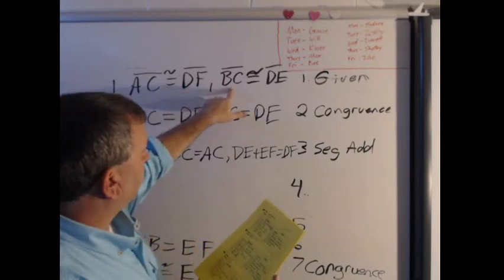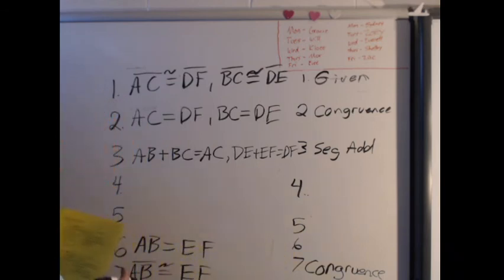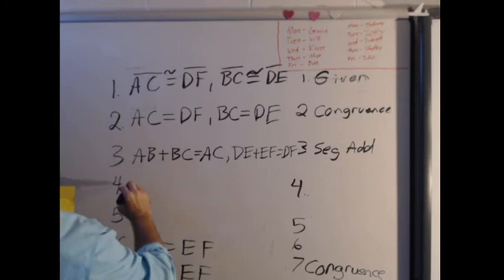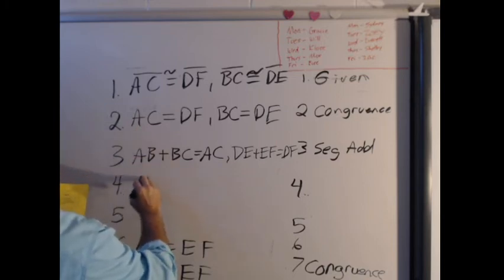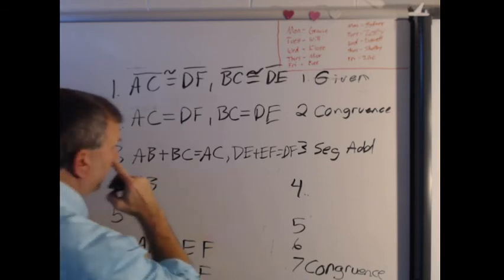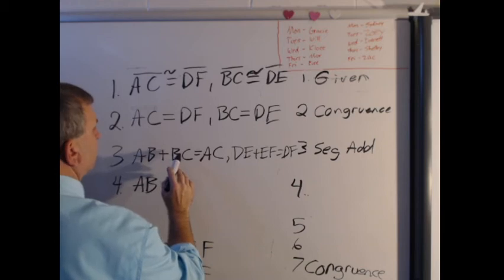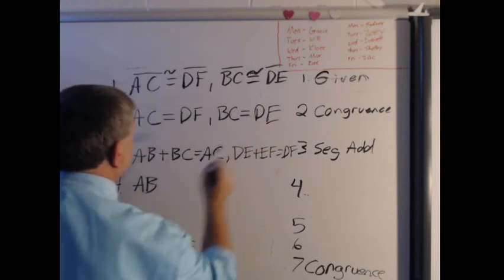I also know that BC is equal to DE. So now I need to start plugging some things in. If I take AB in step 4, AB plus BC, I know that BC is equal to DE.